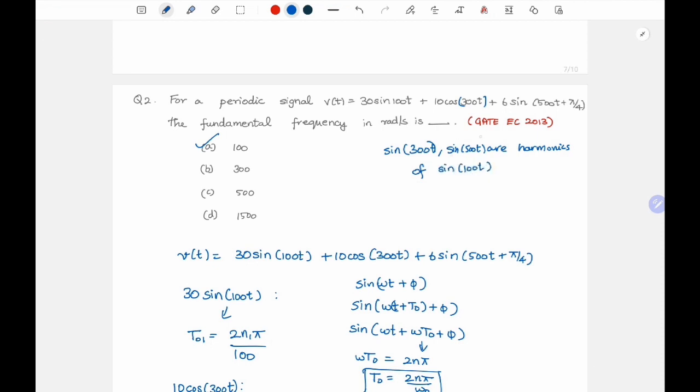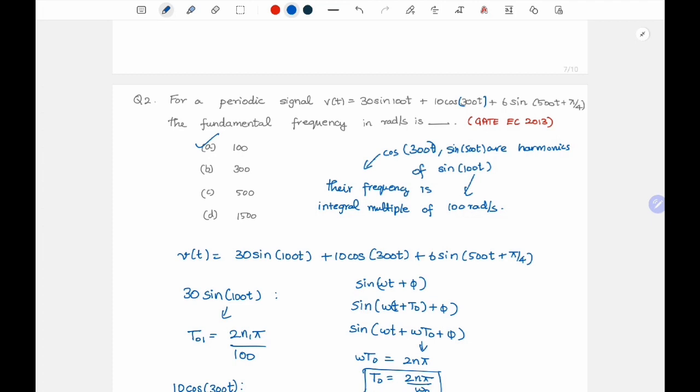So these signals, sine or cos, their frequencies are integral multiples of this 100 radian per second.